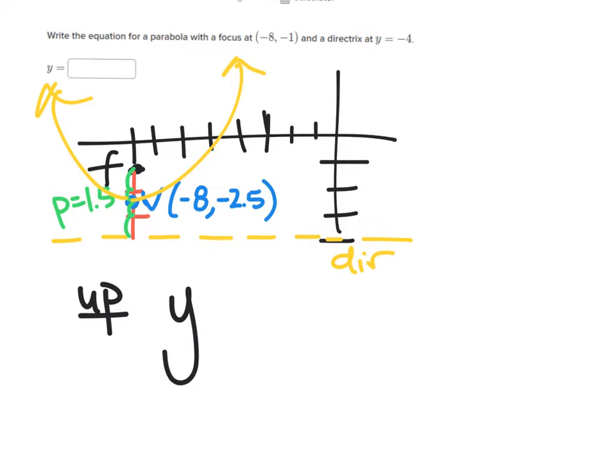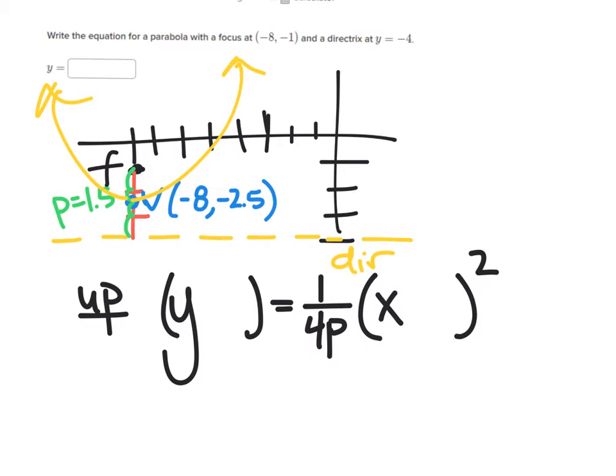So we know the general form of the equation is going to be y equals positive 1/4p times x squared, because the parabola opens upward.